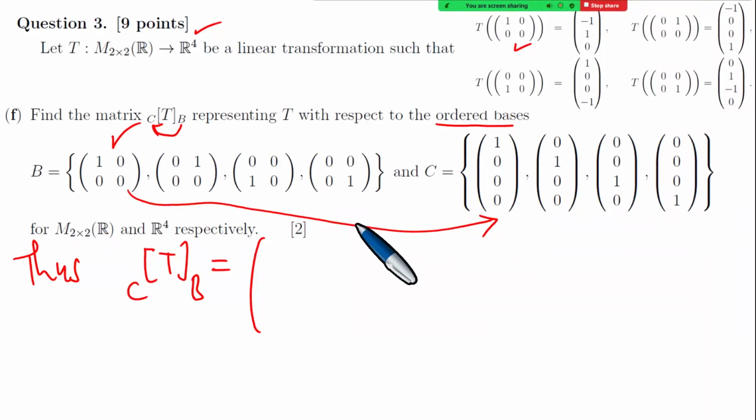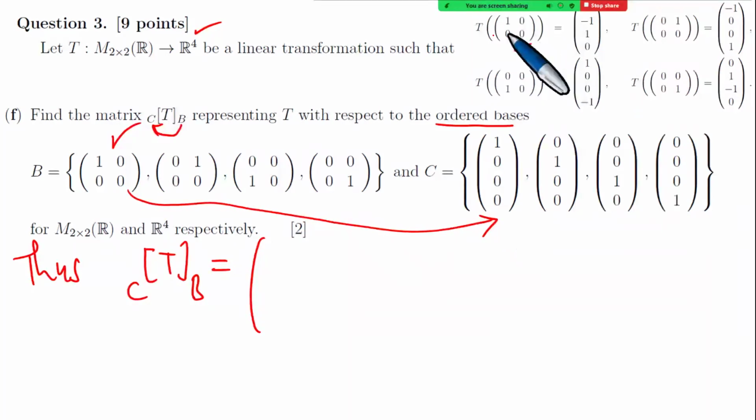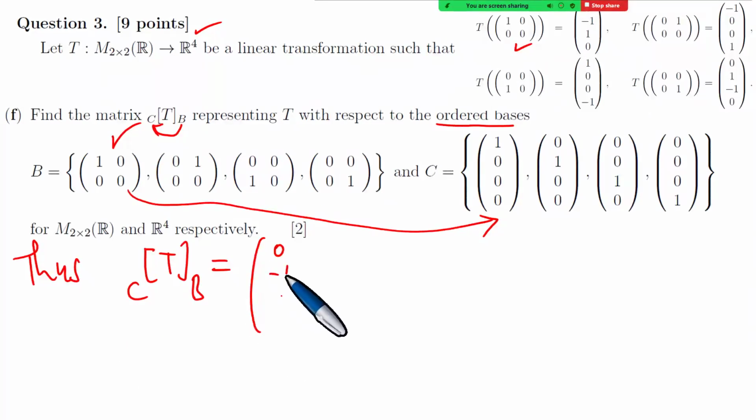Then we have the image associated with the 1000, which is 0, minus 1, 1, 0.